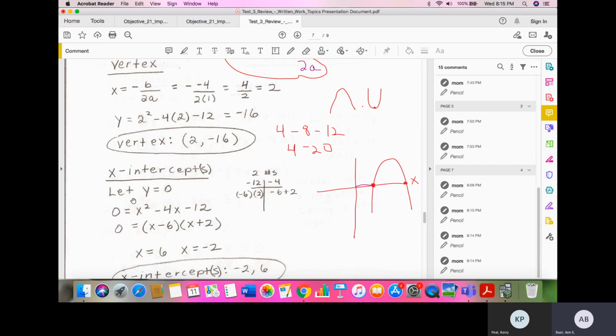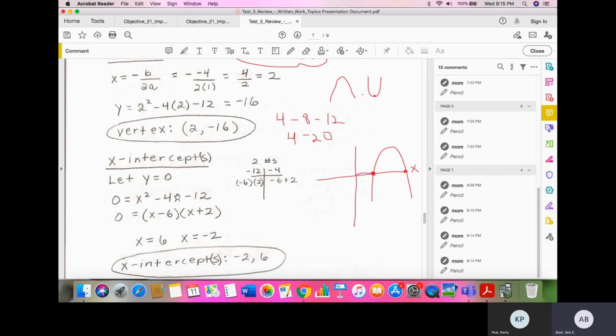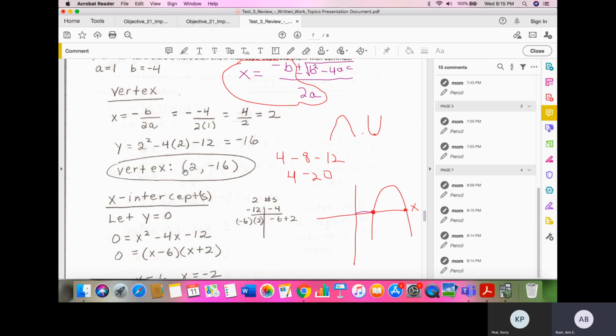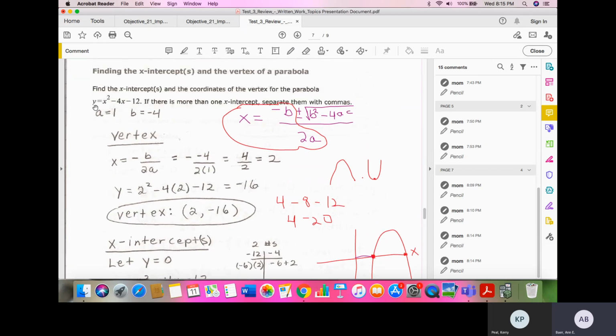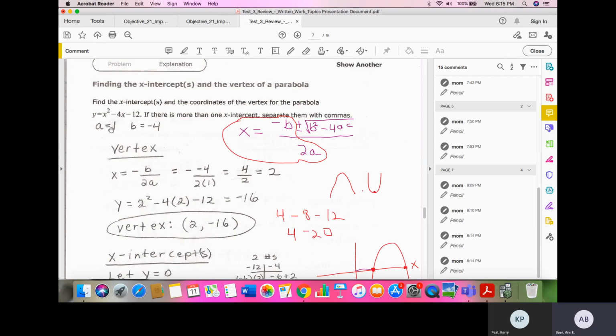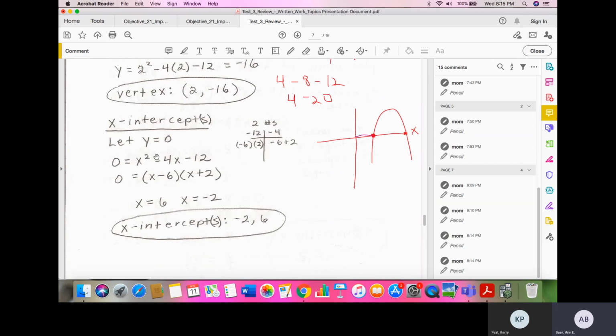So we're going to start by letting y be equal to 0. And then we're going to solve for x. So we're going to get our equation, which is right here, put in 0 for y. And then copy down this side right here, x squared minus 4x minus 12. And we want to factor that.